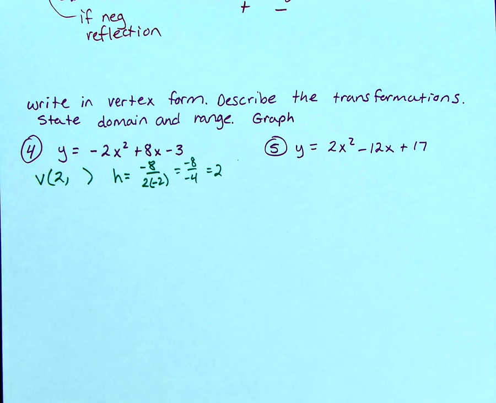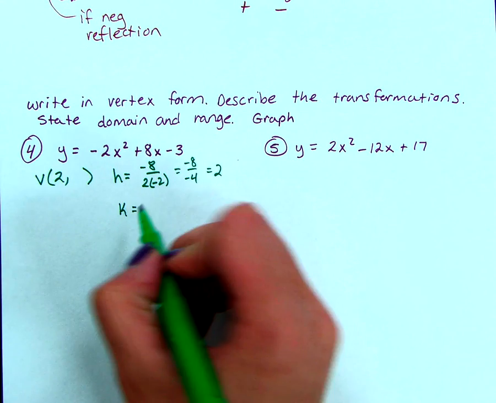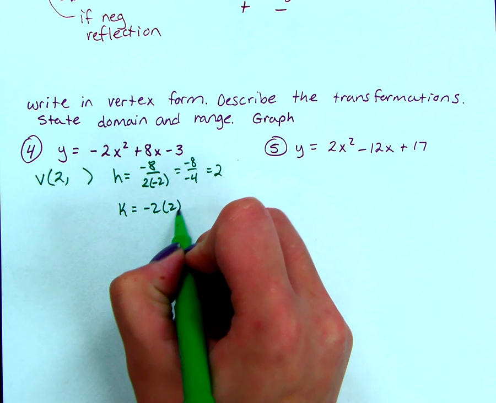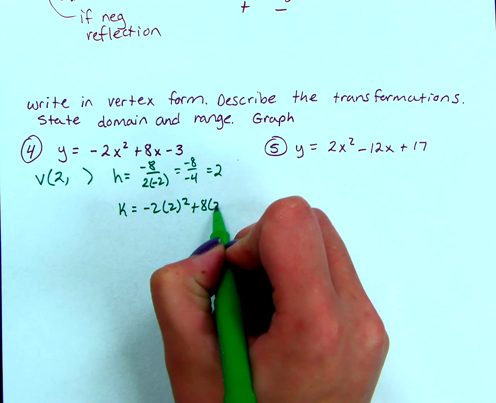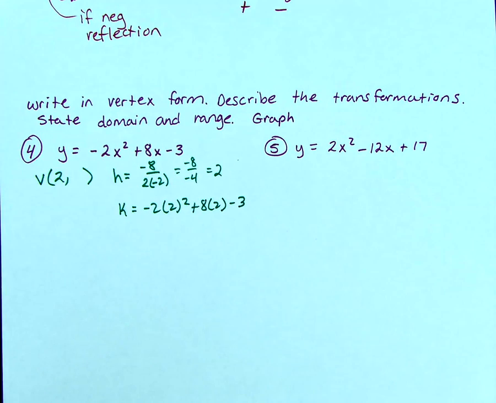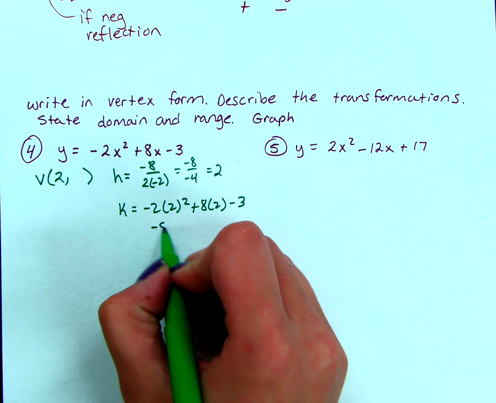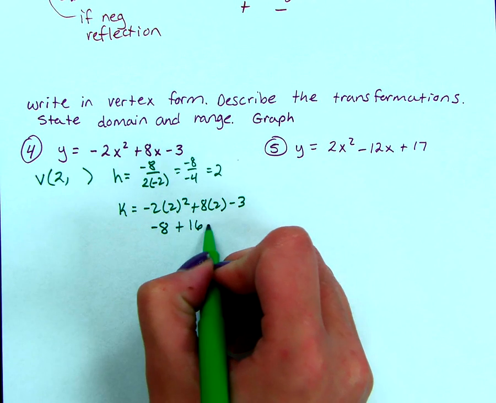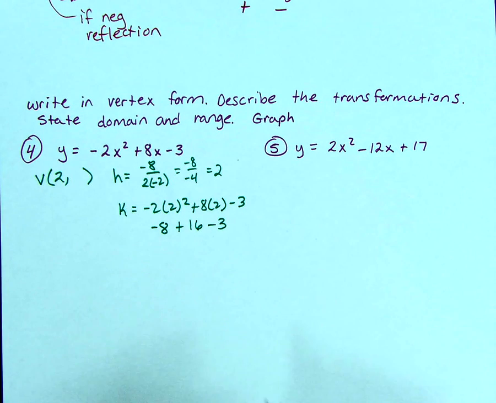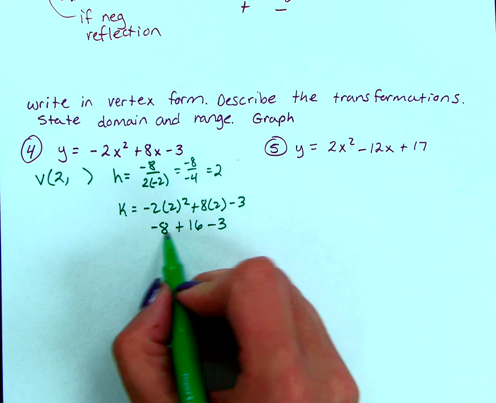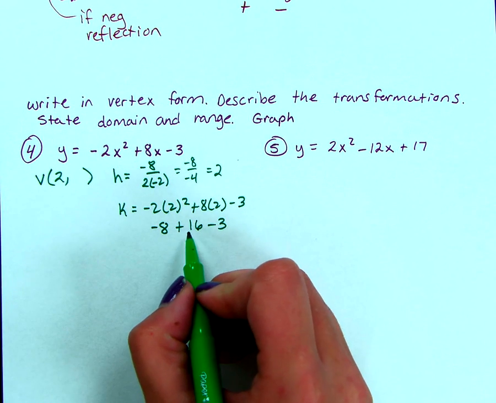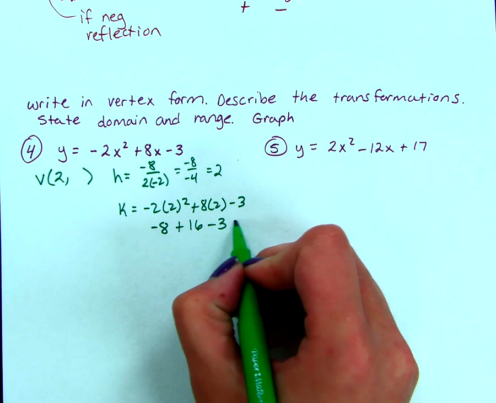And then to find k, we are just substituting it in for all the x's. So negative 2 times 2 squared plus 8 times 2 minus 3. So 2 squared is 4 times negative 2 will be negative 8 plus 16 minus 3. So negative 8 plus 16 is positive 8, minus 3 is 5.